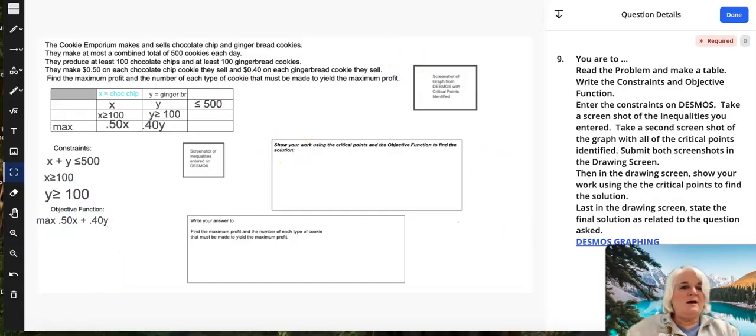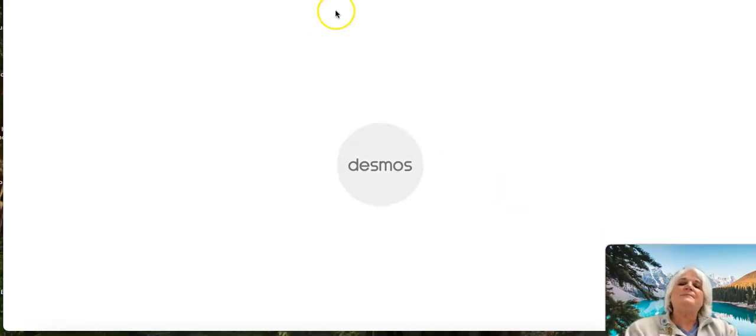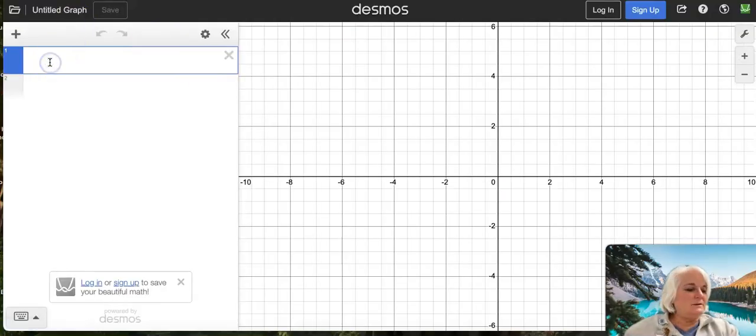Okay, so now I need to enter the constraints on Desmos. So I'm writing them down on a piece of paper now so that I don't have to flip around screens. x is greater than or equal to 100, and y is greater than or equal to 100. And I'm going to go into Desmos, and I'm going to put in those constraints.